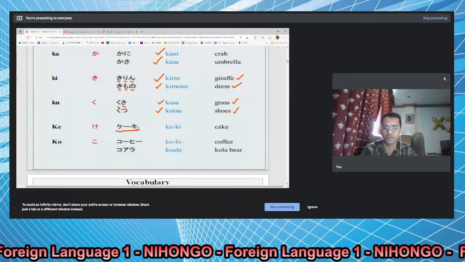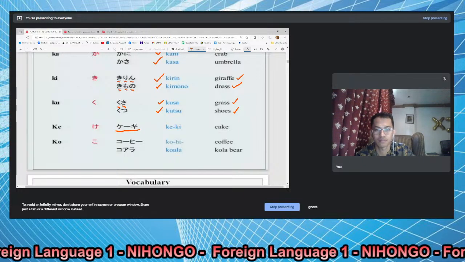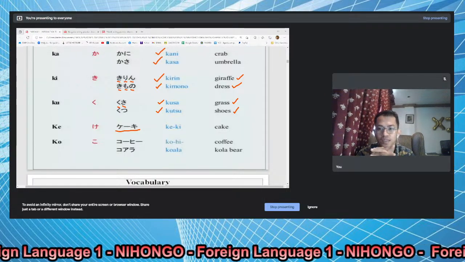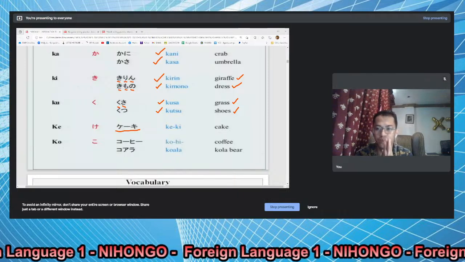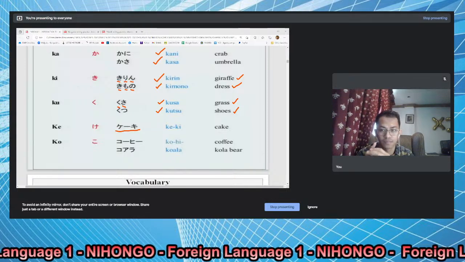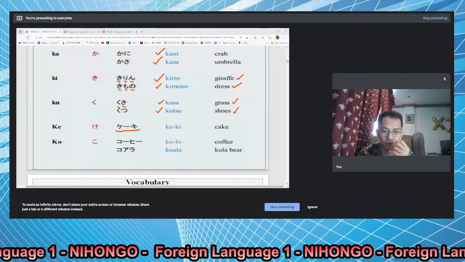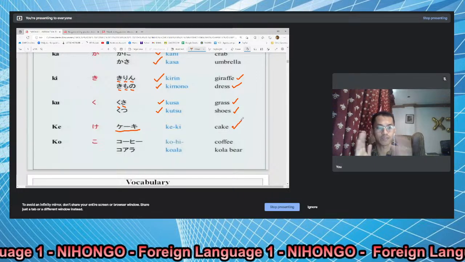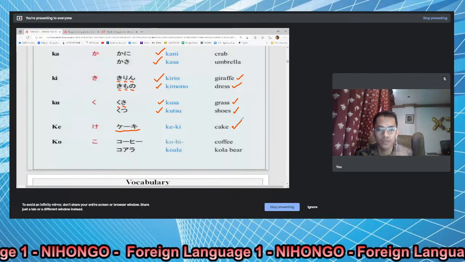As you can see here, that is not the ke that Sir taught, and not the ki that Sir taught either. Why is that? It's because it's a foreign language. In Japanese they don't have a corresponding word for cake, so it's foreign to them.